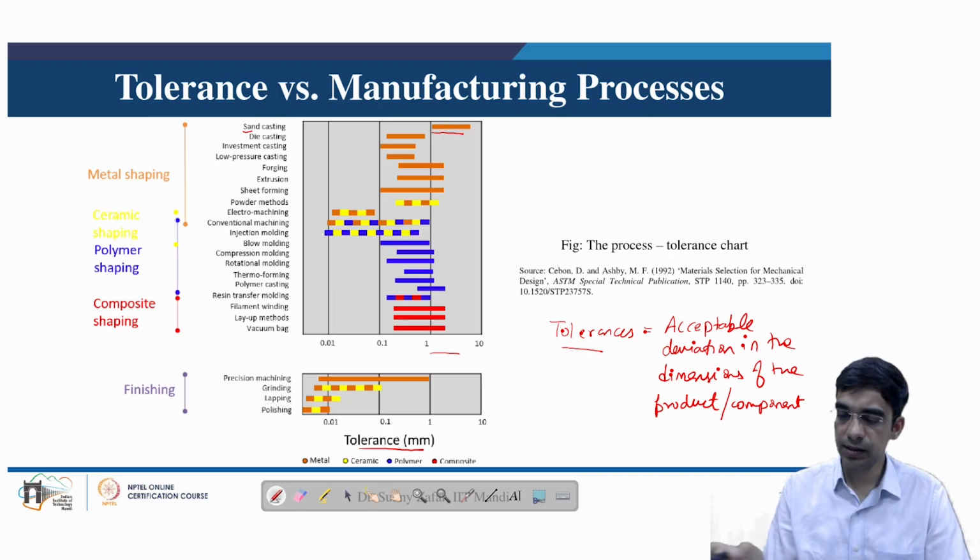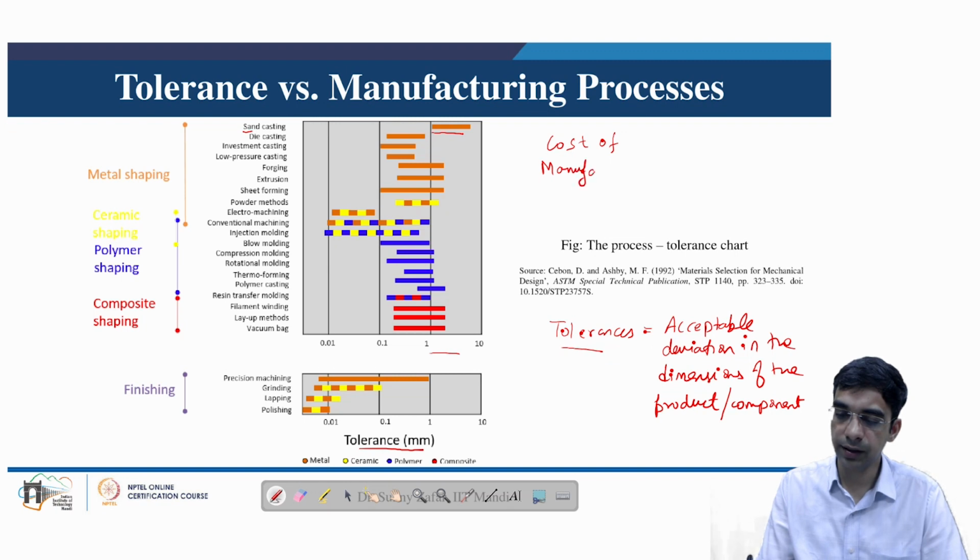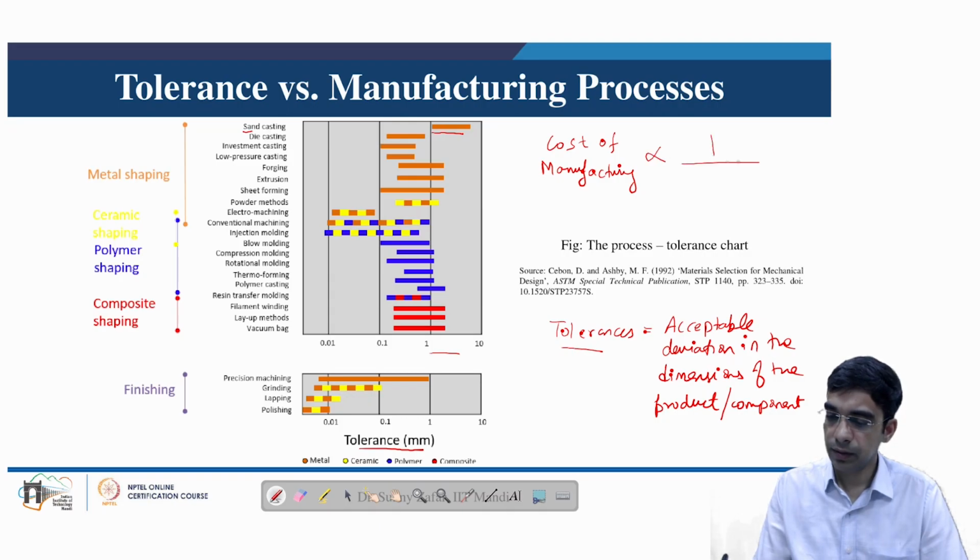And generally it is seen that the cost of manufacturing is inversely proportional to how tight the tolerances are. If tolerances are small, the cost is high.